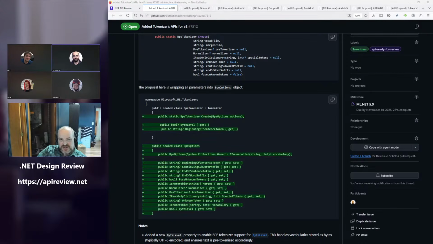Is it just a dictionary? Yeah, it's a dictionary, no structure, just strings to IDs. Fair enough.